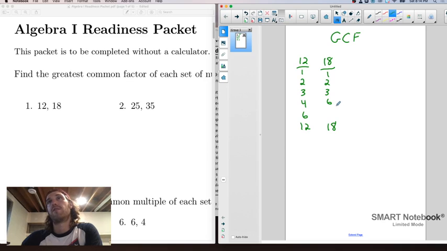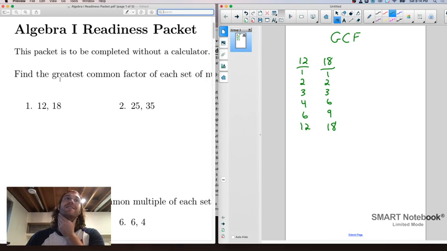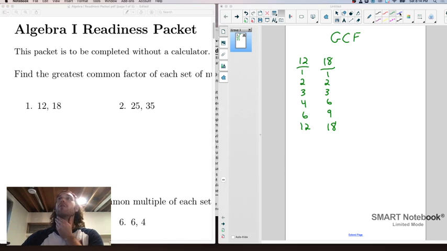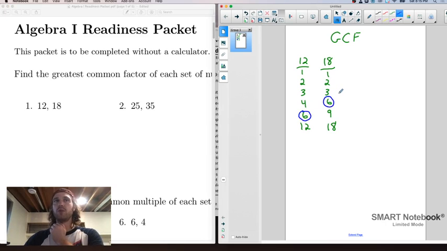Not divisible by 7, not divisible by 8, it is divisible by 9. 9 is halfway, so we jump to 18. Okay, so again, GCF is the biggest number that both of them share as a factor. So the largest factor that they both share is 6. Really, what we're looking for is the biggest number we can divide both of these numbers by.